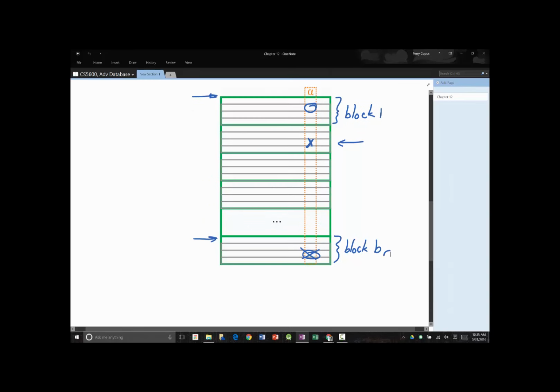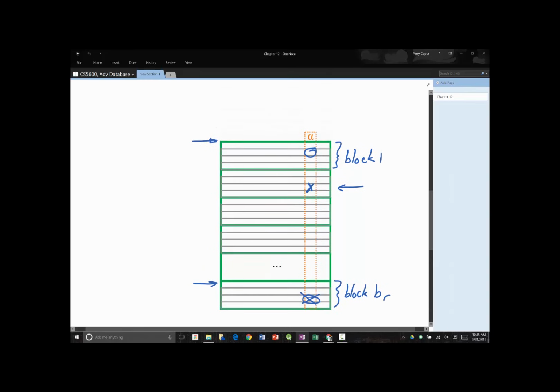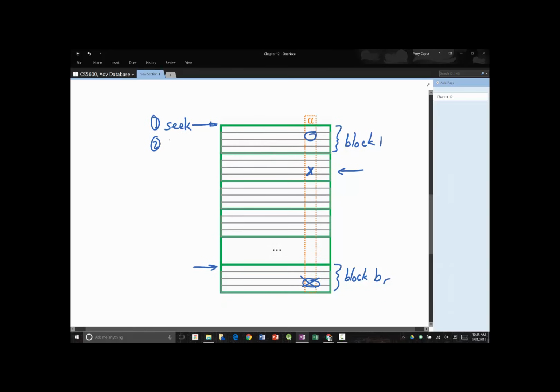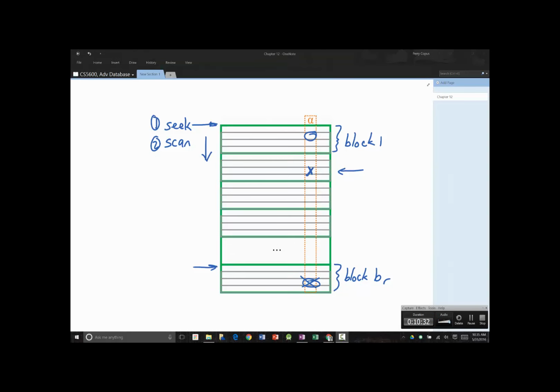We're going to assume that it's somewhere in the table. So we're going to seek to this place up here, to the first block. And then, that's the first step. And then the second step is to now scan from block to block until we find it.